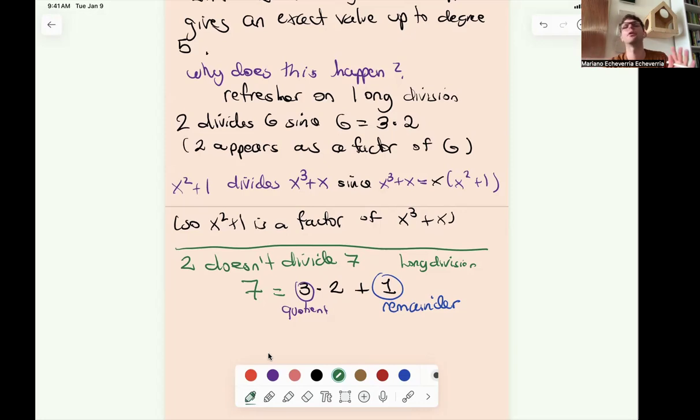The only reason I'm bringing this up is because you can do something exactly similar with polynomials.